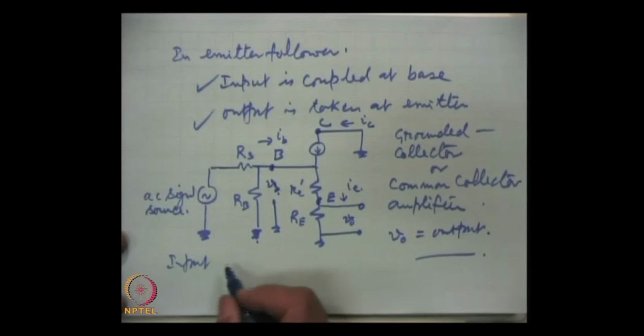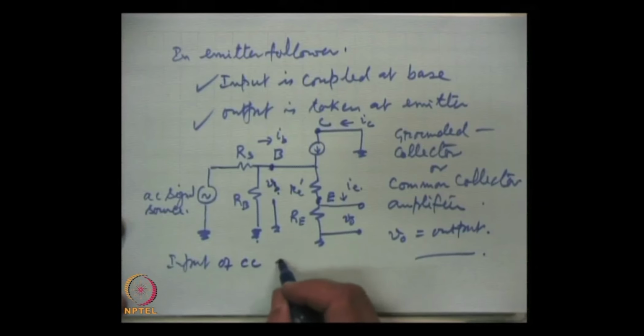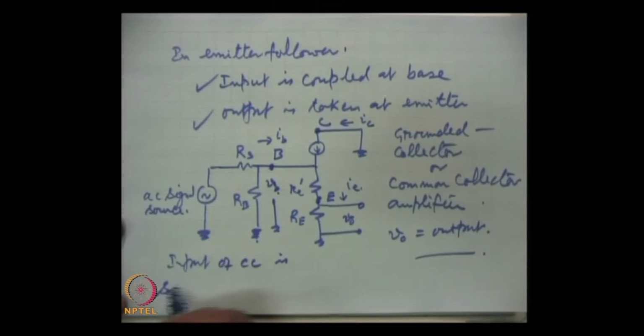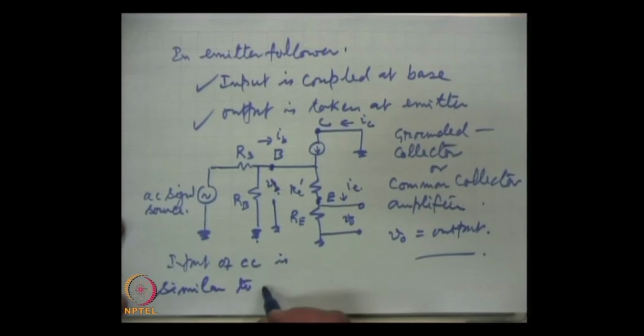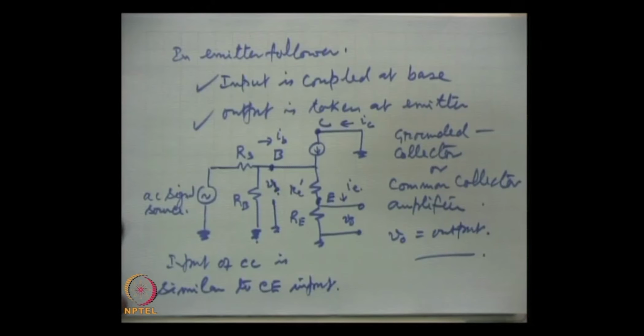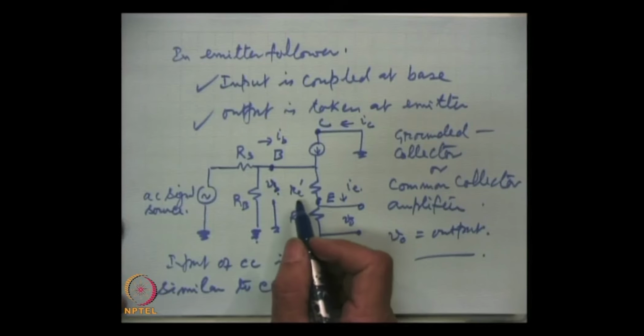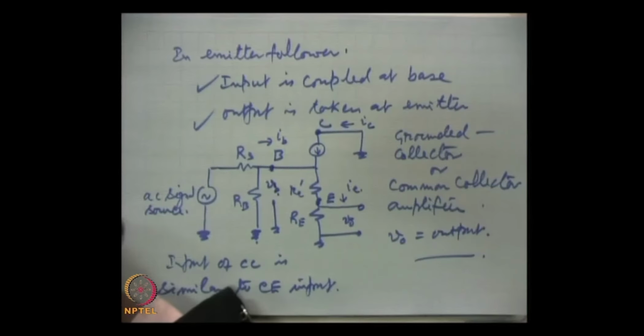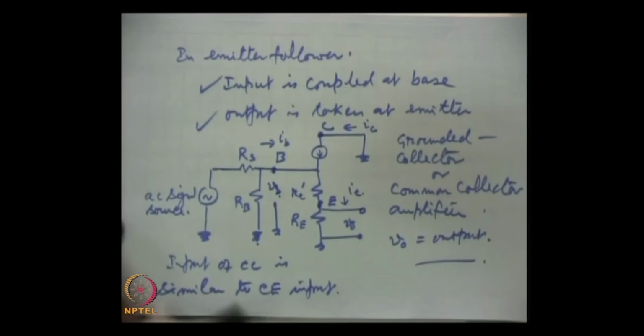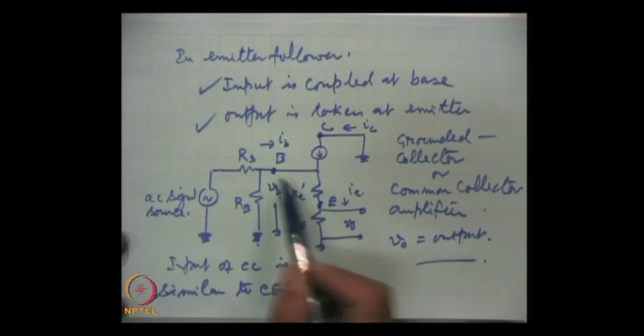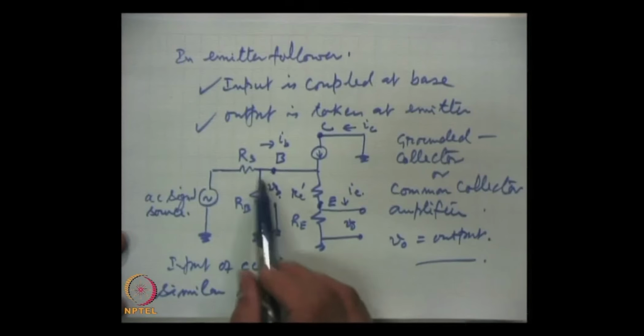So, input of common collector is the same as common emitter amplifier input. Therefore, we can use the expressions which we have arrived at earlier, the equations 1, 2, 3. The two equations certainly can be used in this.